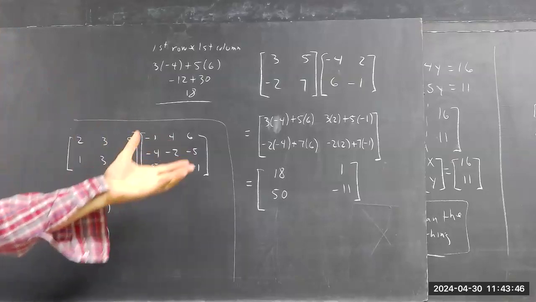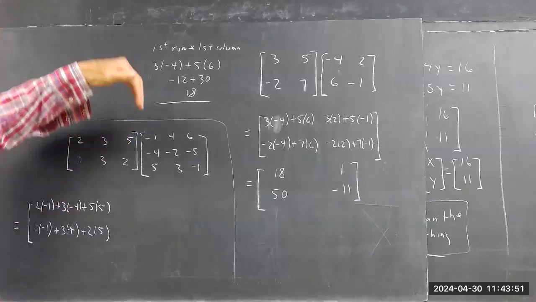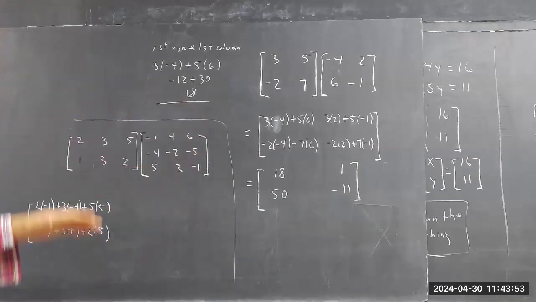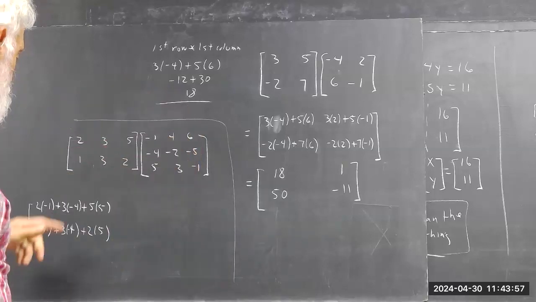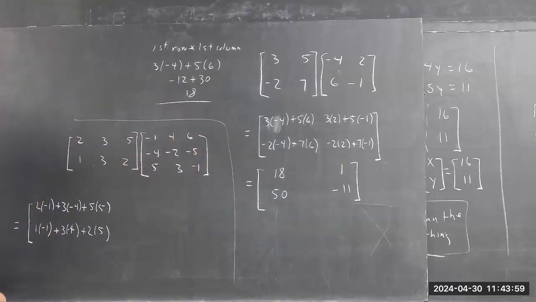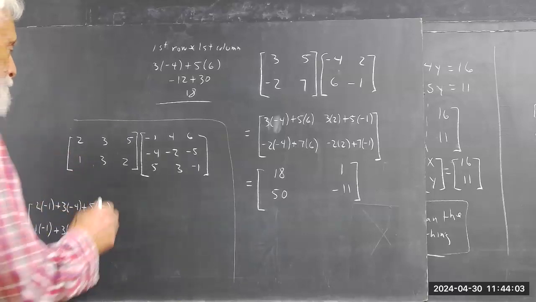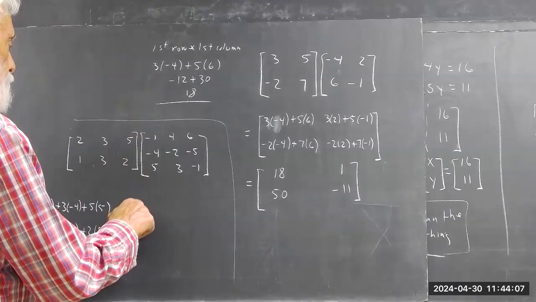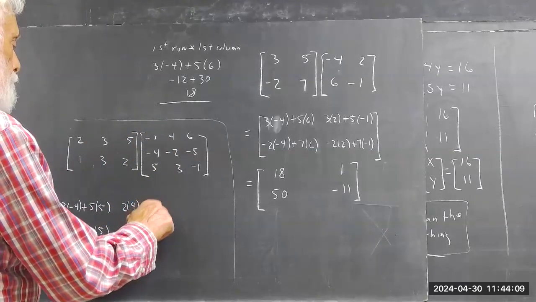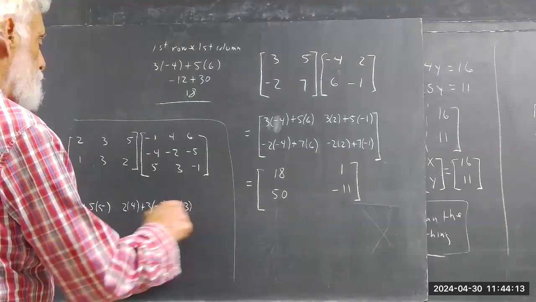So we're going to have 6 row-times-column products. First row times each of the 3 columns, that's 3. Second row times each of the 3 columns, that's 3 more. So we've only got 2 of them, only a third of the way done. We're having so much fun, we don't mind. Now, first row times second column: 2 times 4, plus 3 times -2, plus 5 times 3.